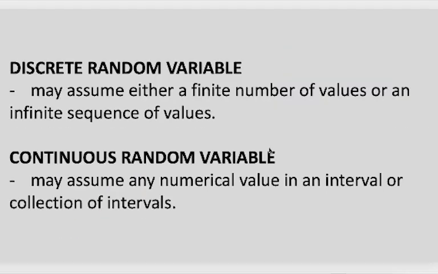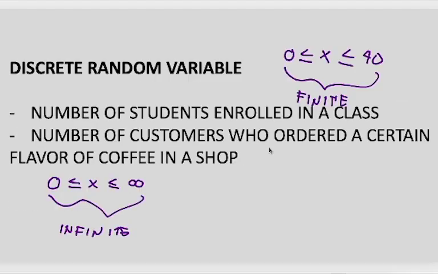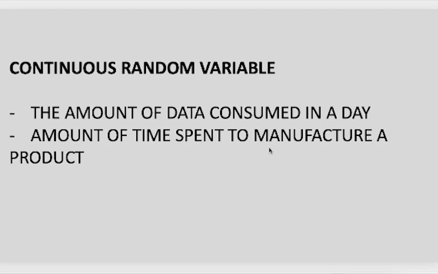For the second type, a continuous random variable may assume any numerical value in an interval or collection of intervals. Unlike the discrete random variable, continuous can be expressed in decimal form. For example, we have the amount of data consumed in a day. Let's say your telco provider is giving you a maximum of 2 gigabytes of data every day. That means this is the maximum amount you can consume.